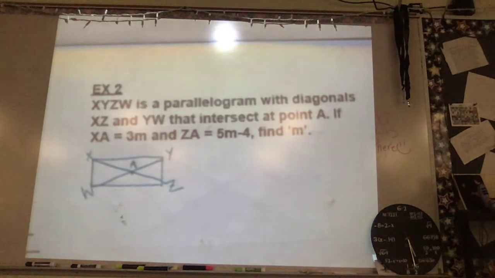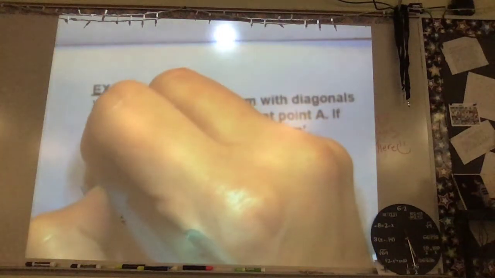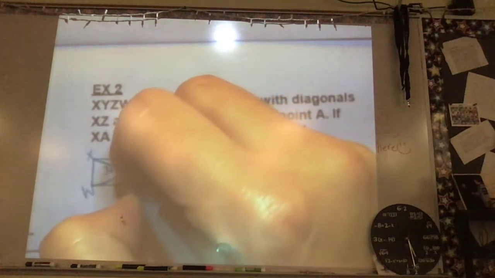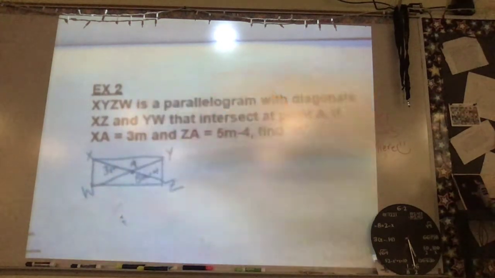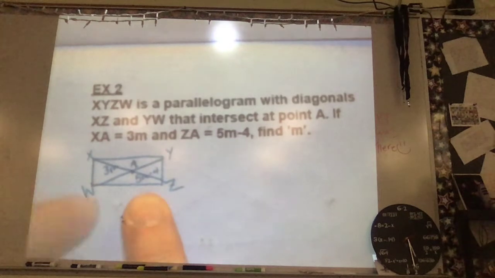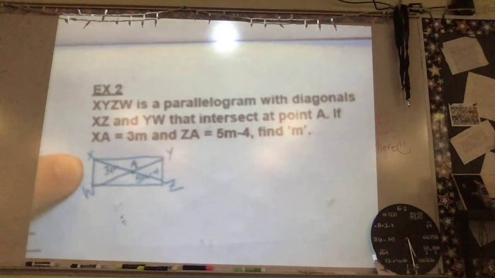It says if XA is 3m, so I'm labeling this 3m, and ZA is 5m minus 4, then find m. In a parallelogram, the diagonals bisect each other, which means these two segments are equal to each other. Sorry, this is a little blurry.